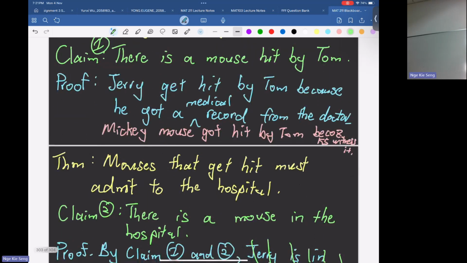Is this claim 2 still true, assuming claim 1 and the theorem are correct? It's true. 懂我在问什么吗？True or not? If it's true, why?